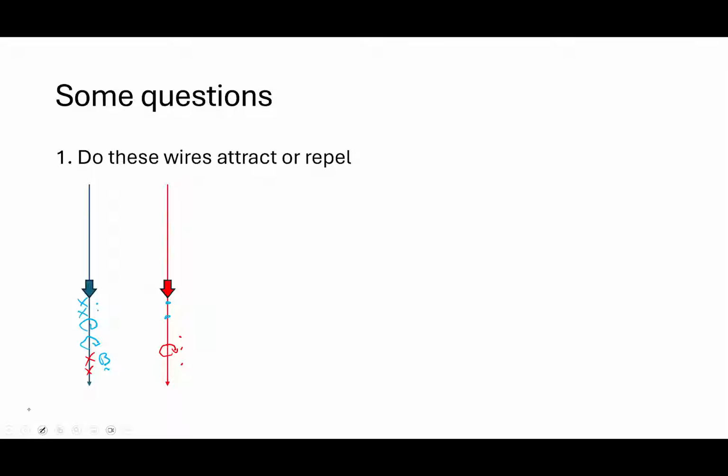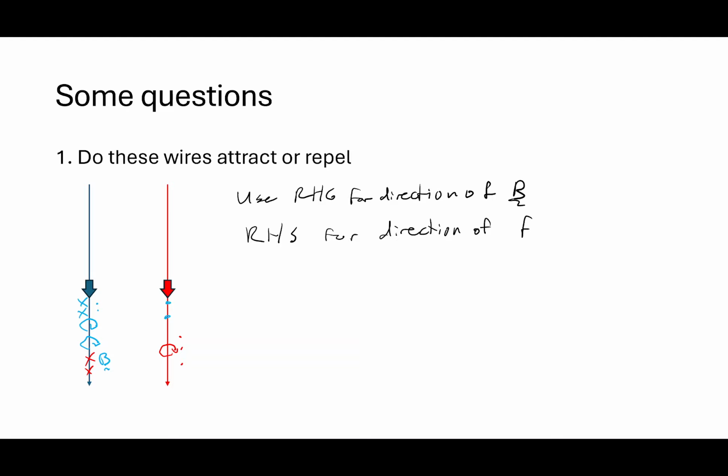Now we use our right hand slap rule. So right hand grip rule, and right hand slap rule for direction of force. Now, we have current going downwards, magnetic field going out of the page.